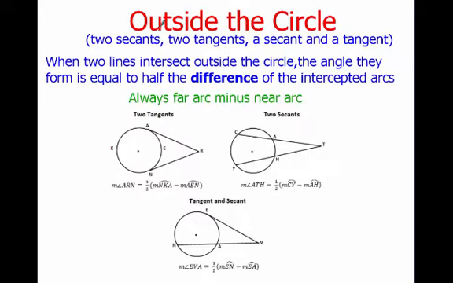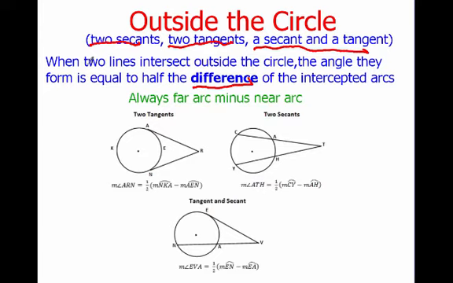When we're talking about intersecting outside of the circle, we have 3 different possibilities. We can have 2 secants, like in this example here. We can have 2 tangents, like in this example here, or we can have a secant and a tangent, like in here. And in every single one of these, instead of the angle being equal to half the sum of the arcs, now the angle is equal to half the difference of the arcs.